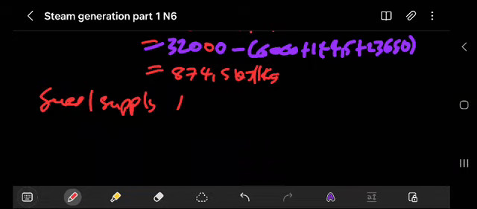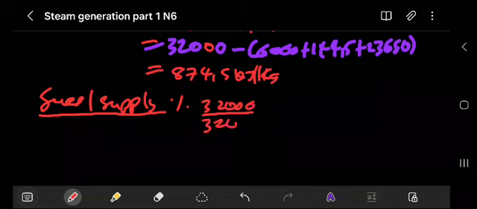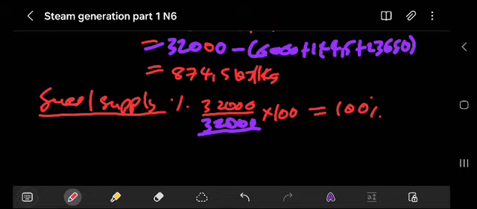You'll take the value of the supply heat, whereby the value was 3000, divide by the heat of the supplied fuel, times 100. You'll find this to be 100%. All of them you divide by the heat of the fuel supplied.